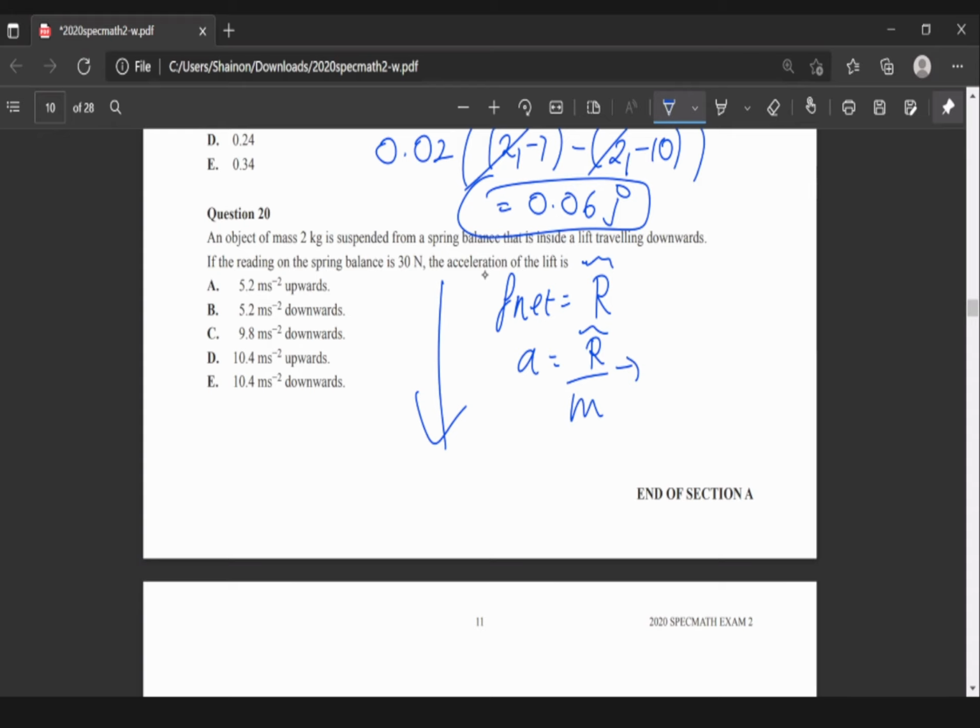Resultant is going to be 30 up minus mg down. Even if it's a diagram, it's going to be 30 up and weight force down. So weight force is going to be 2g over 2, and that should equal 5.2 upwards, because this force is going to be greater than this. That's A.